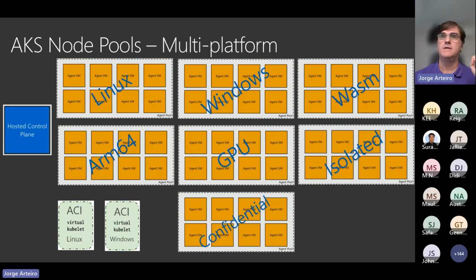Confidential is the top. Isolated is also at the top for enterprise, safe and secure. These ones. And if you've never heard about WASM, WASM is what's called WebAssembly technology. Also, you can run it inside the Azure Kubernetes Service.